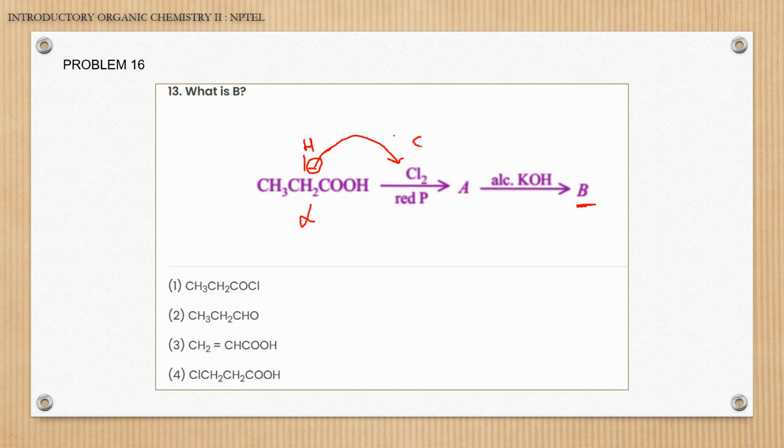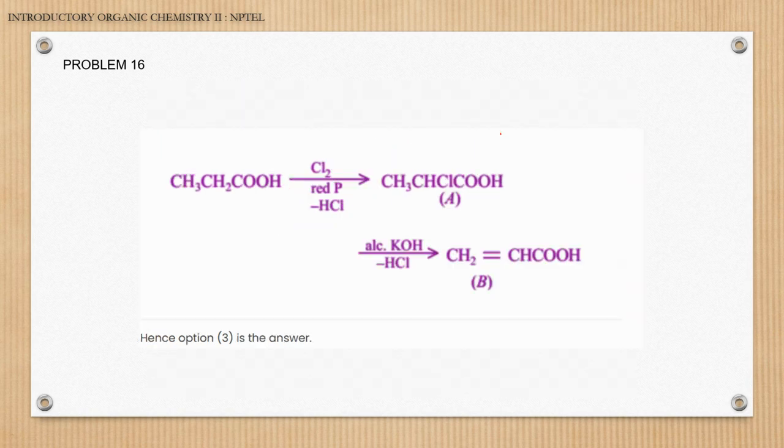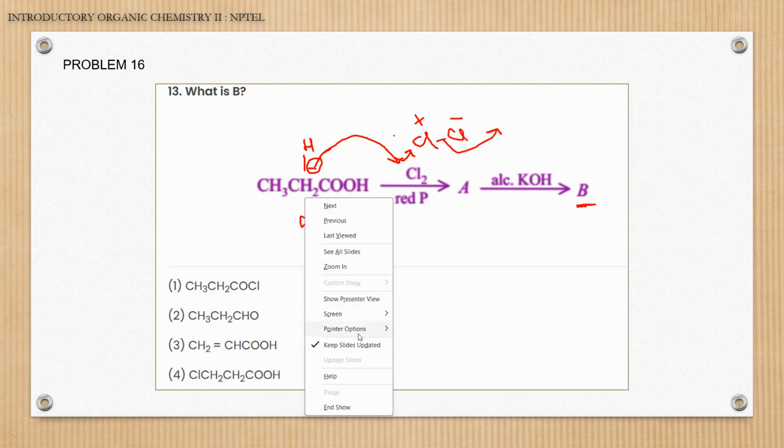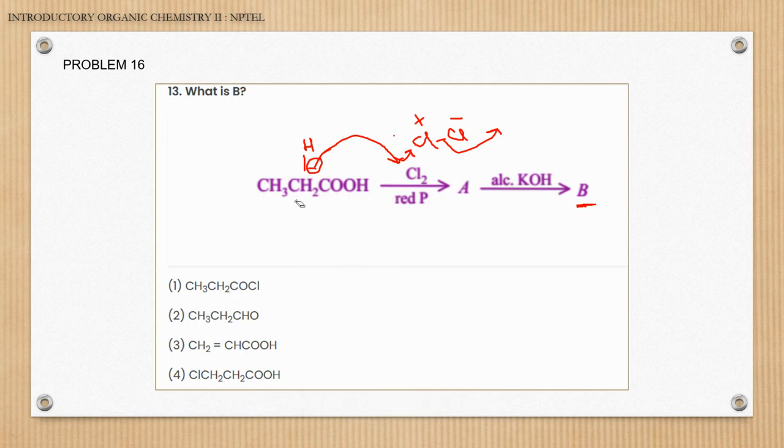Chlorine being this molecule, Cl plus and Cl minus. So there is a partial positive charge at one and partial negative charge at one. So this positive charge species is attacked by this anion and this Cl minus leaves out. So this is what you are going to get. Basically Cl at this position, at the alpha position. So in this first step, you will get Cl at this position, right? So this will become your A.